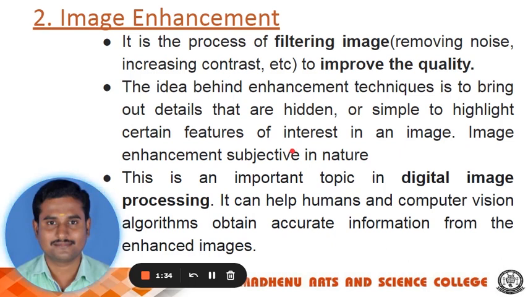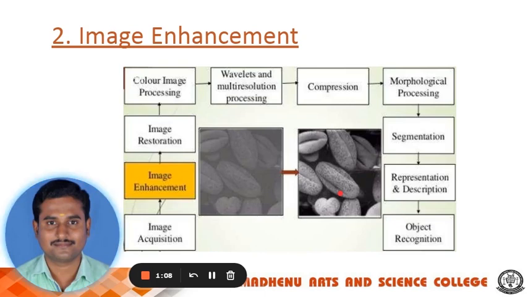That's why image enhancement is subjective in nature, varying from person to person. This is an important topic because it can help humans and computer vision algorithms to obtain accurate information from the enhanced image. So when we want to extract accurate information, we have to do the image enhancement operation on an image.